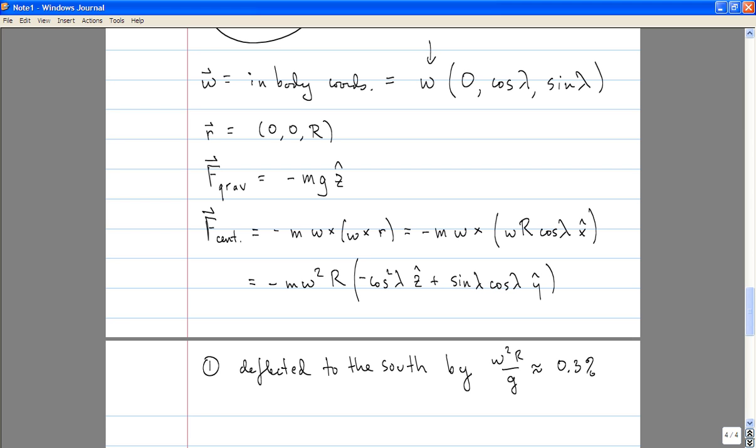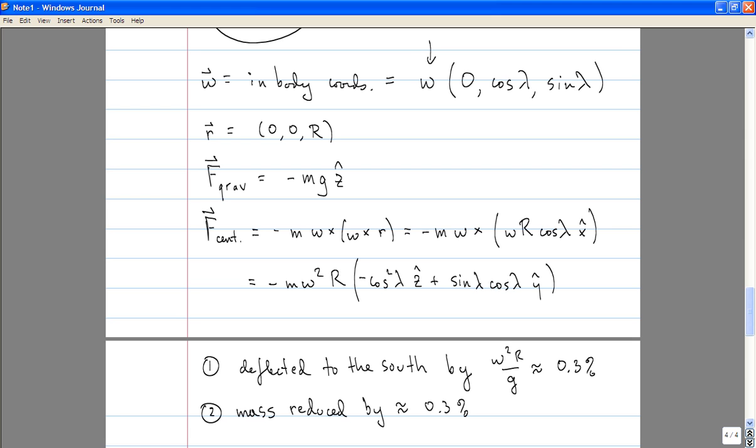The other effect comes from the part of the centrifugal force in the z direction, which is proportional to cosine squared lambda, which means that the effective weight of the object is reduced, also by an amount of about 0.3%.